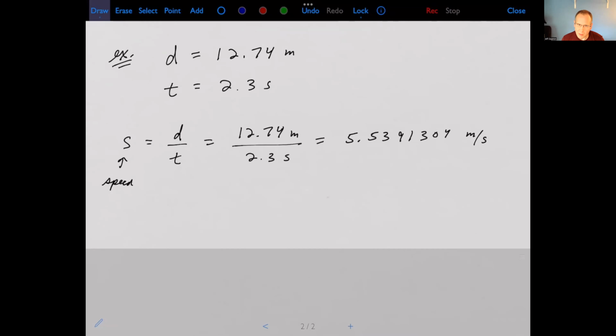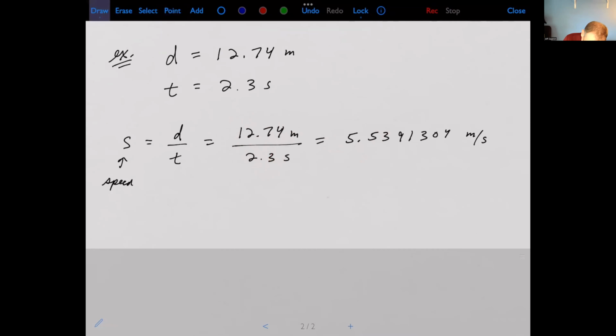In fact, remember the rule when you're multiplying or dividing is you have to round the answer to the quantity that has the smallest number of significant figures. So the distance here has 4 significant figures. The time has 2 significant figures. So I have to round my answer to 2 significant figures.